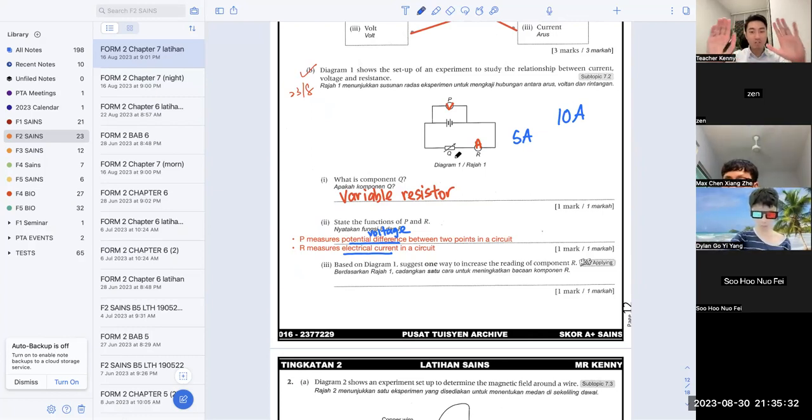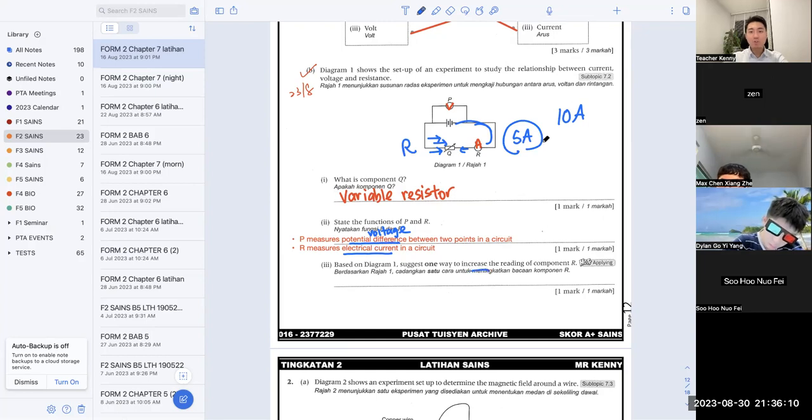What letter do I use to represent the fight back? What is fighting current? Resistance. Correct?